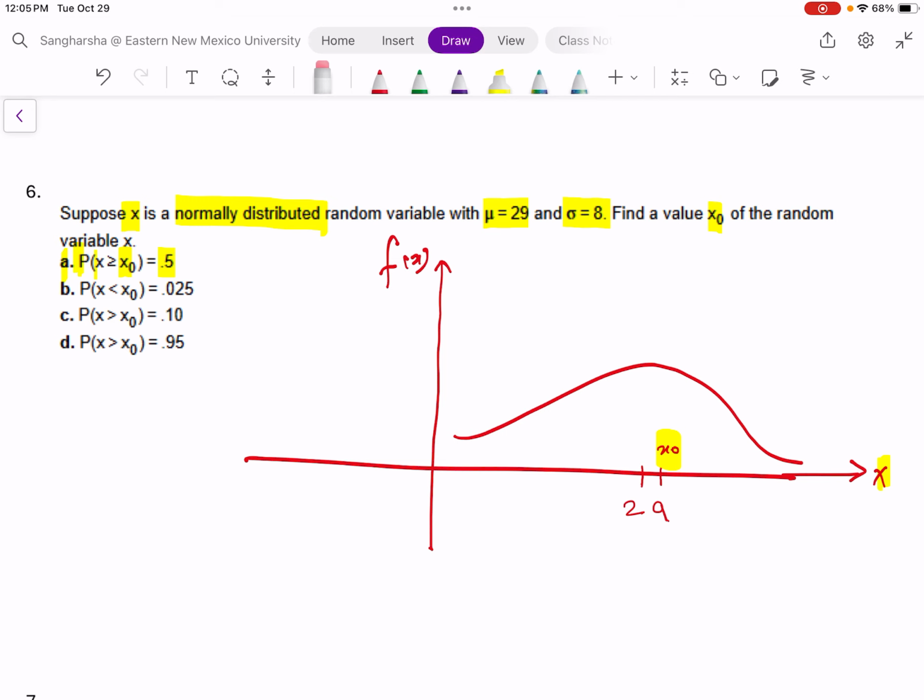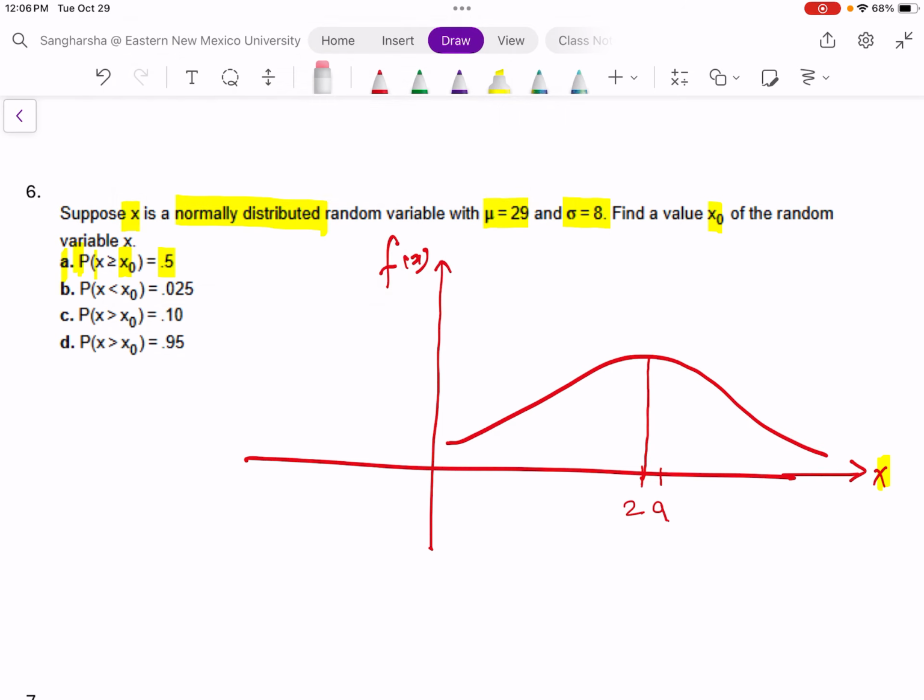Do you all agree? Because 29 is the mean. So what is the probability on the right side of 29? 0.5, right? So our x naught is the same point as 29.